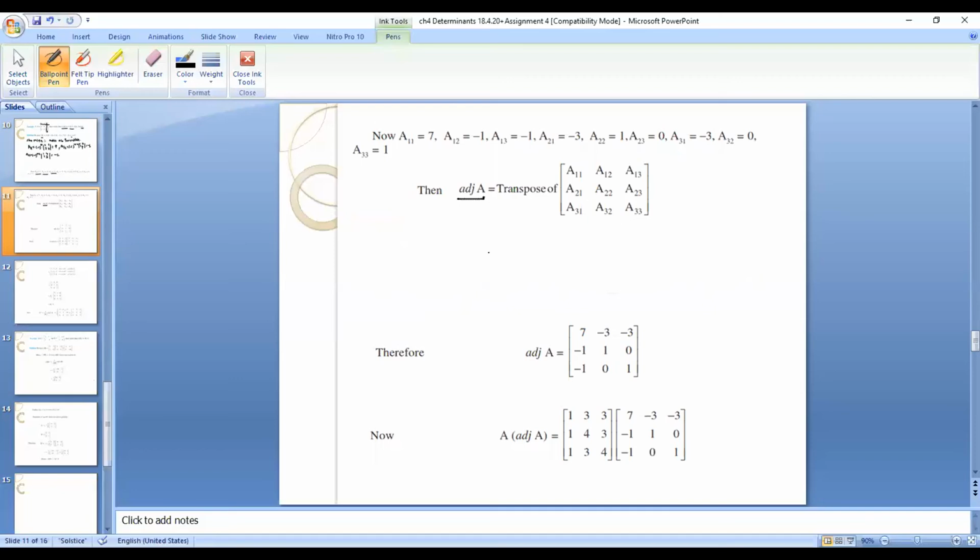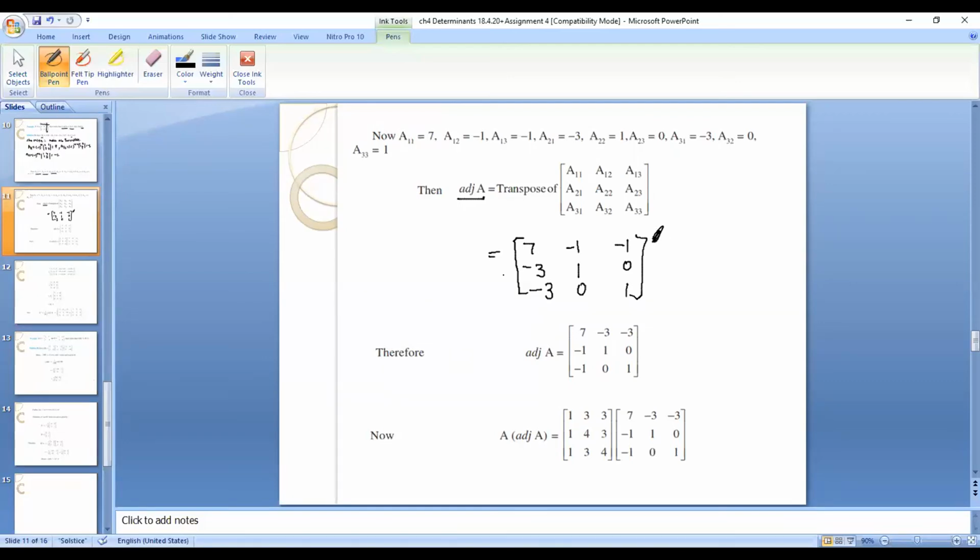That means it is equal to the transpose of: A11 is 7, A12 is minus 1, A13 is minus 1, A21 minus 3, A22 1, A23 0, A31 minus 3, A32 0, A33 1. This symbol is for transpose.